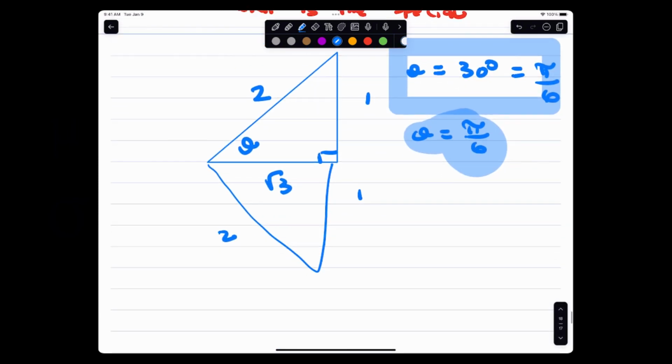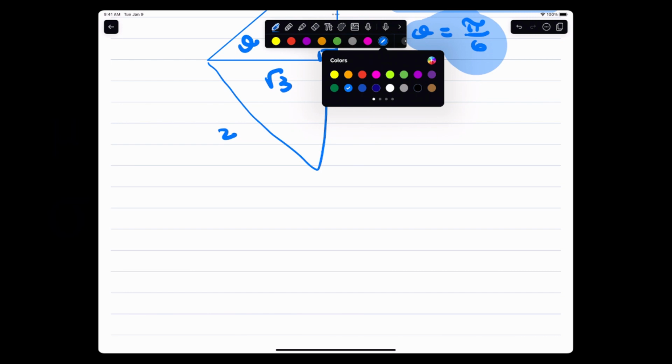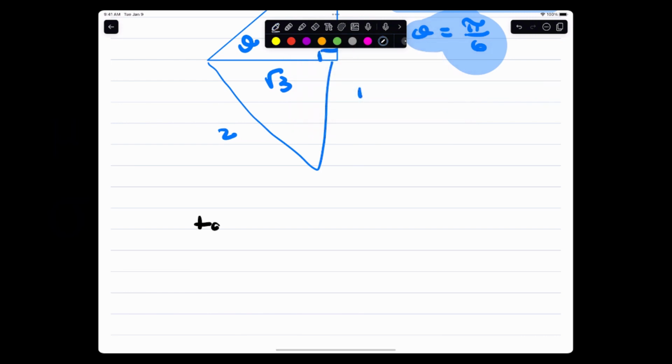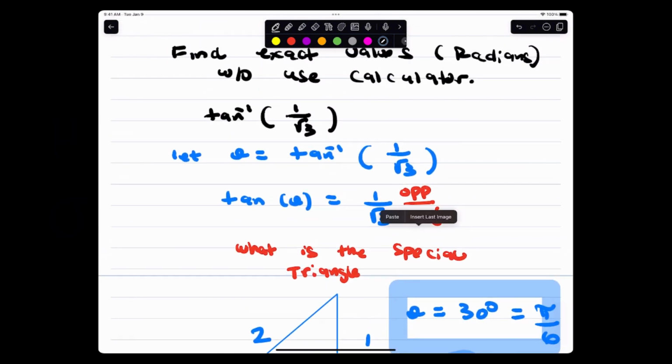Now, what if they said to you, okay, if you guys remember, what's the exact value now if it's negative 1 over what? What about now? What if they ask you for the negative? You know how they do that, right?